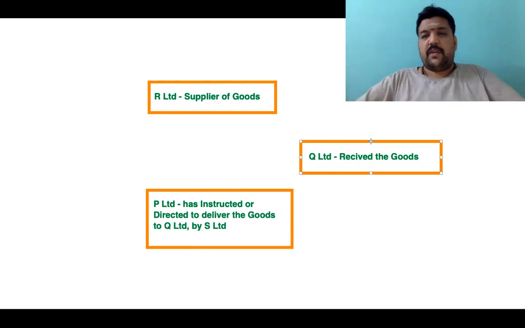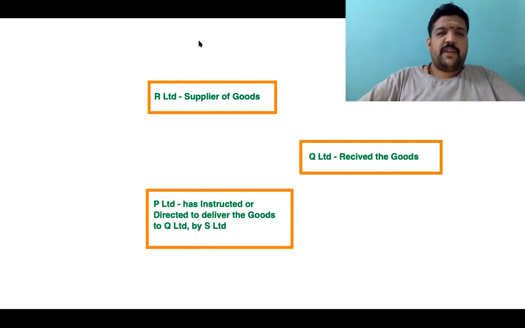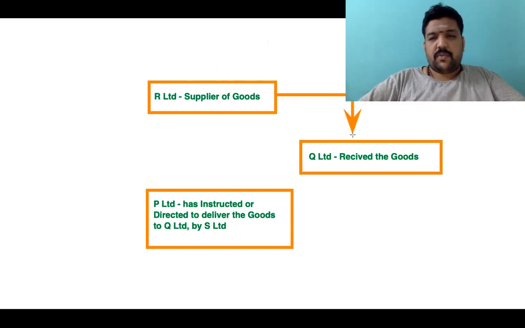We don't know about that. This is how the arrangement is as of now. R Limited has supplied the goods to Q Limited as per instructions received from P Limited.